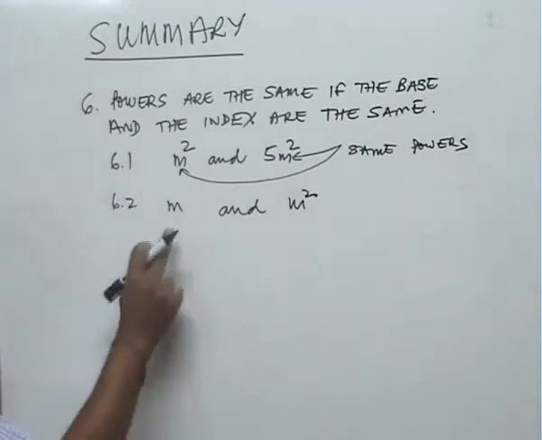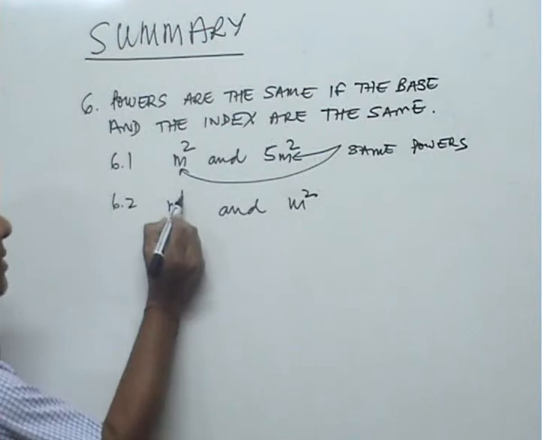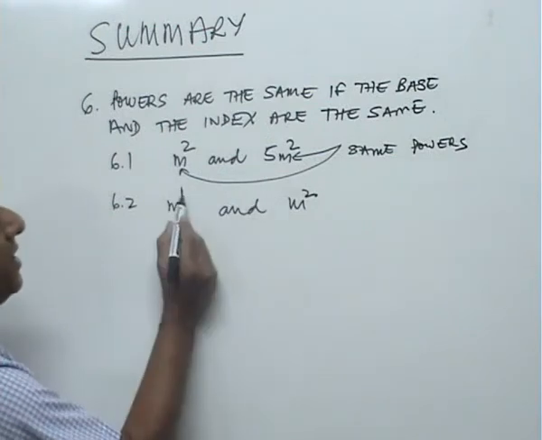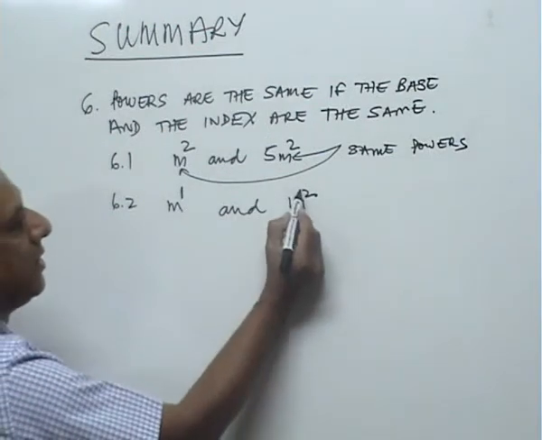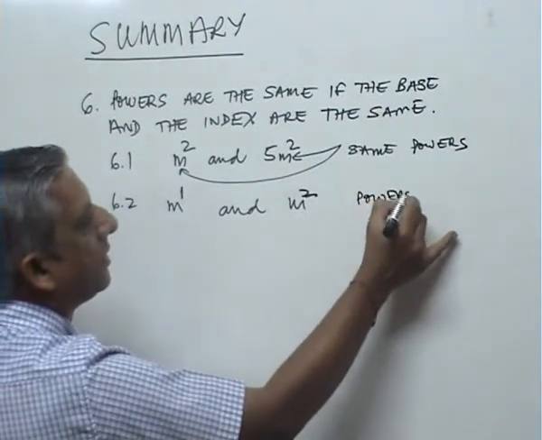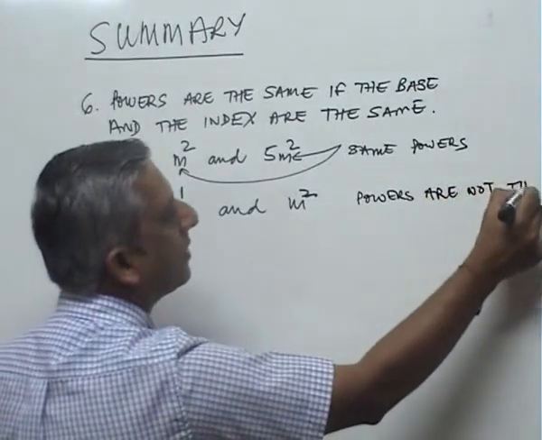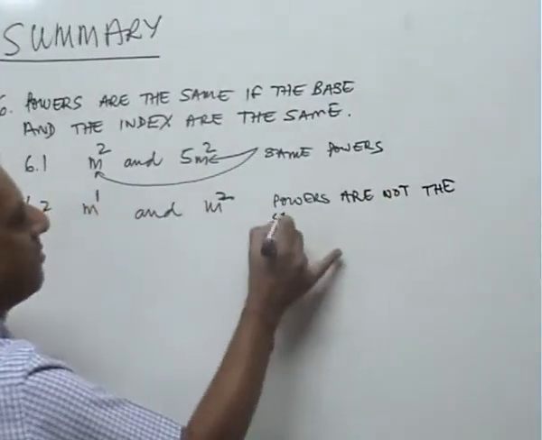In this example, the bases are the same, but the indices are different. The index here is 1, the index here is 2. So these powers are not the same.